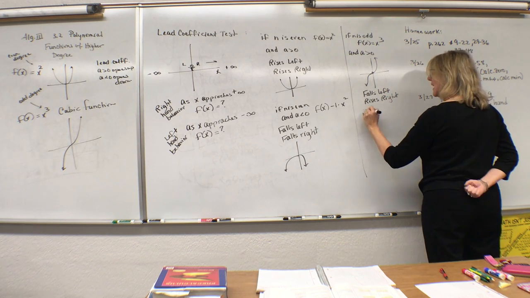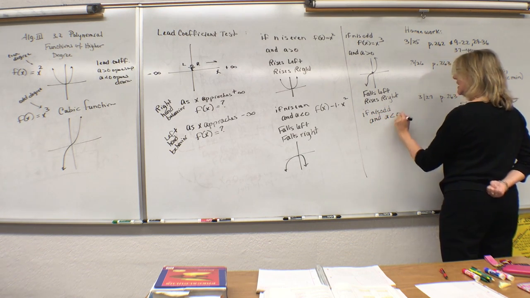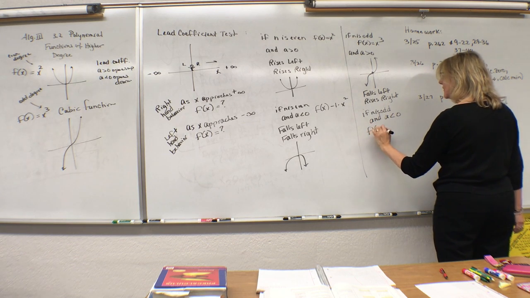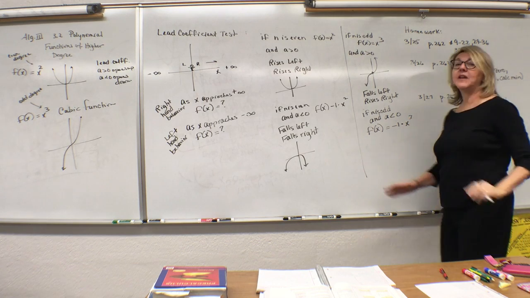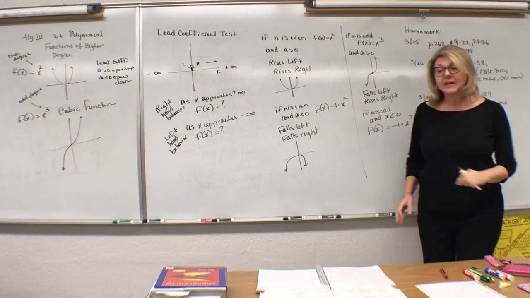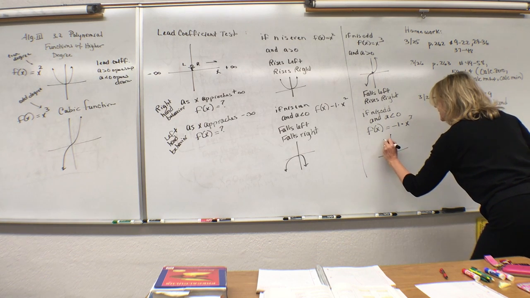But if n is odd and a is negative, again, it is as if we've taken that cubic function and we've multiplied it by -1. We've now reflected it with respect to the x-axis. Now our picture looks like this.